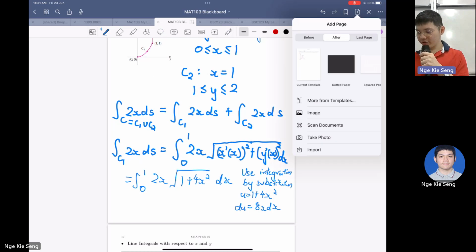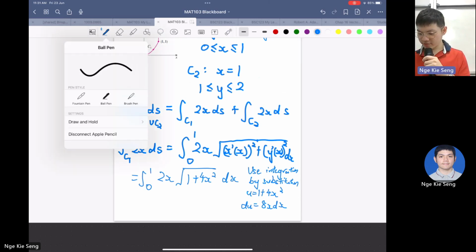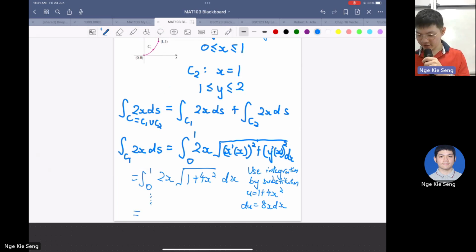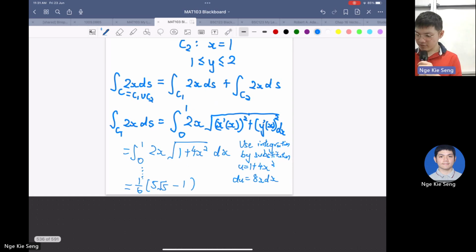Do you want to try and compute this, or we skip this step here? Check later if you want. The final answer you could get is 1/6 times (5 square root 5 minus 1). If you have problems seeing this integration by substitution later, we can continue if you want.